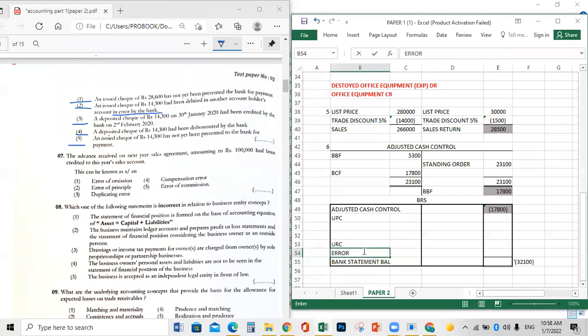Now, guys, when it comes to any reconciliations, whether trade payable, trade receivable, or any reconciliation statements you have studied, you don't correct the mistake, you show the mistake. Whatever mistakes they have made, you will also show it. Don't forget that.